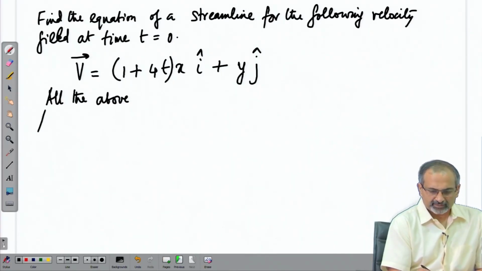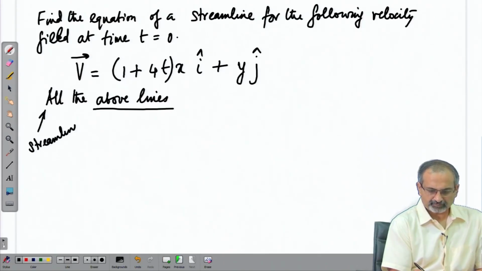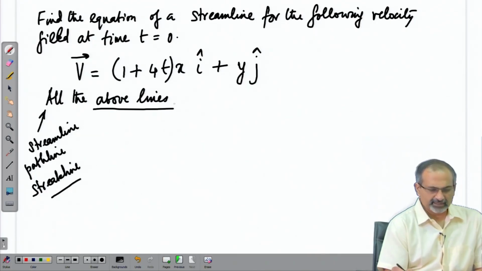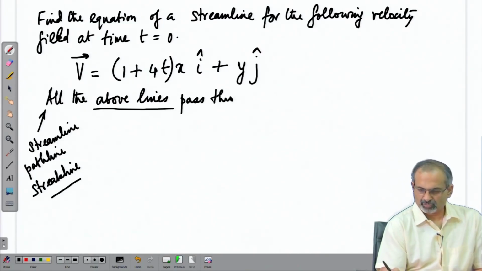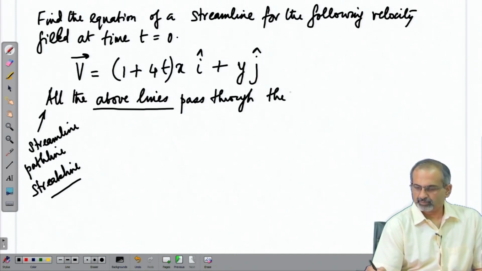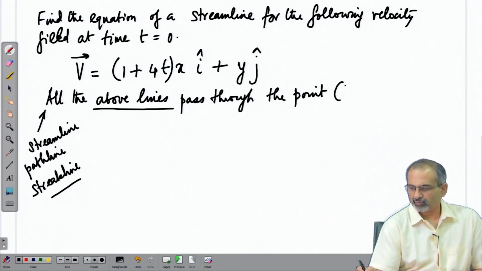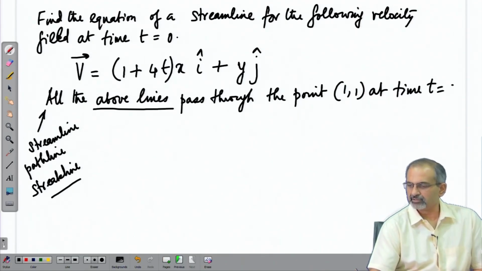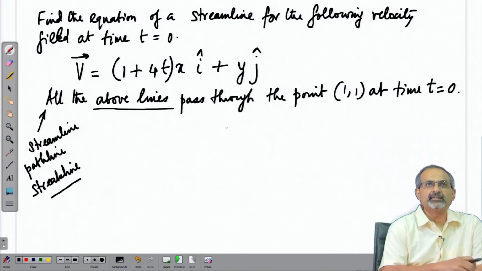So, in that context, we will say that all the above lines, which means the streamline, path line and streak line, would be passing through the point 1 1 at time t equal to 0. So, you remember we were discussing an initial condition. This gives you an initial condition basically.